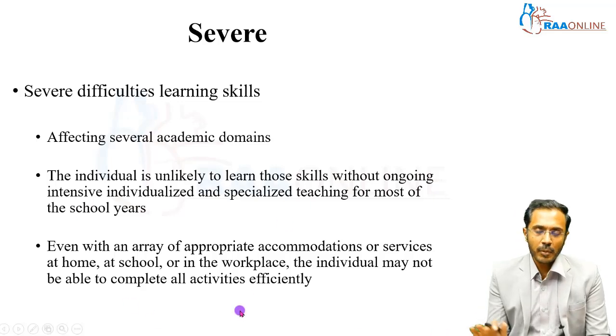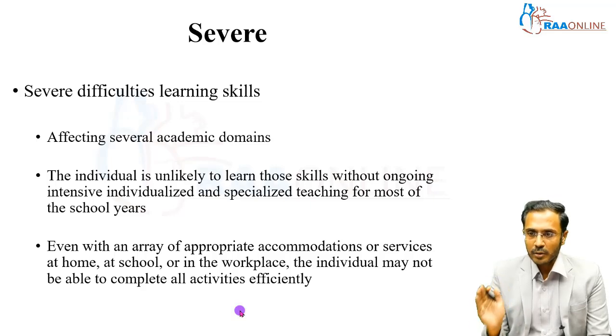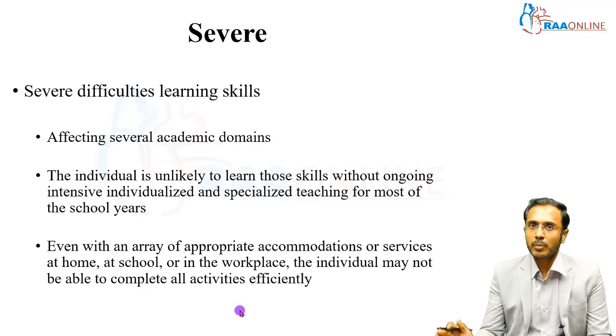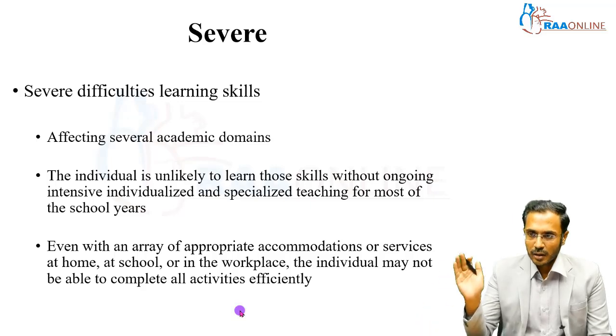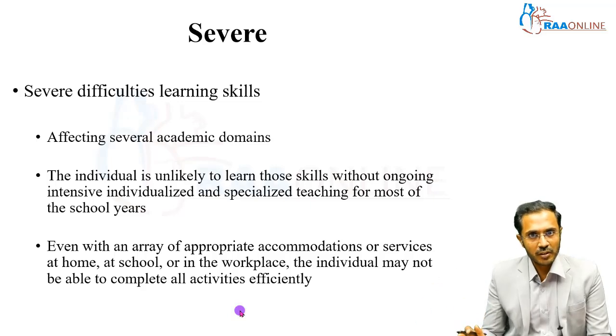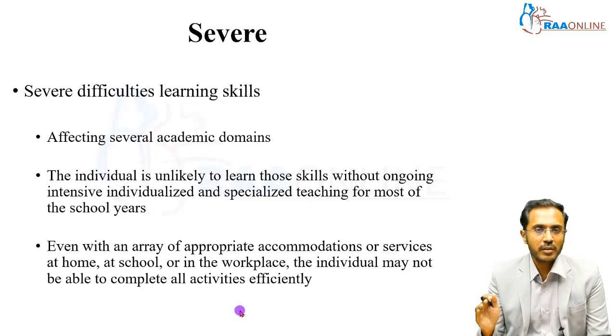So mild, with some accommodation itself, they will be able to function. Moderate requires specialized teaching and accommodations and modification. With that, they will be able to function. Severe definitely requires specialized teaching. Even with accommodation or modification and specialized teaching, they will not be able to function to the grade level. So this is how DSM classifies into mild, moderate and severe specific learning disability.